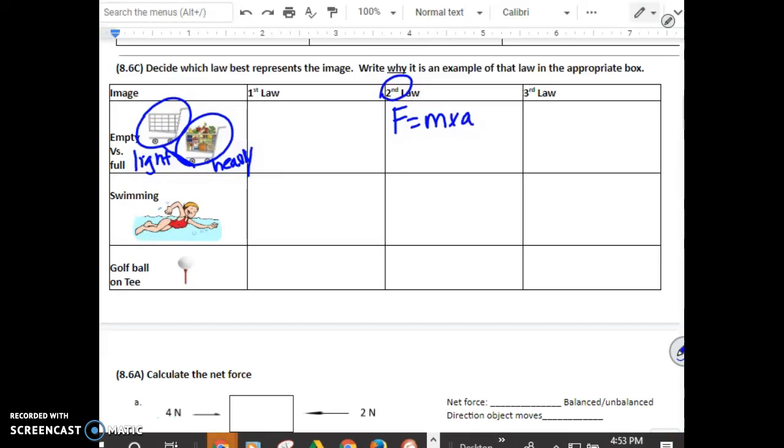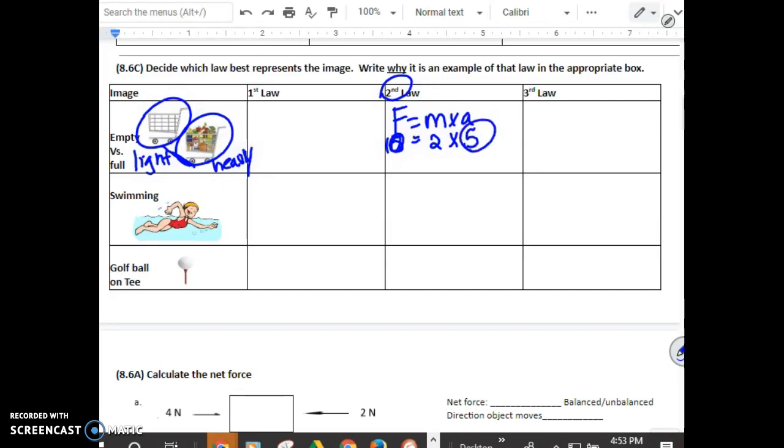So that tells me that if I have a small mass, let's say of 2, and I apply a force of 10, then my acceleration is going to be 5, because 5 times 2 is 10.